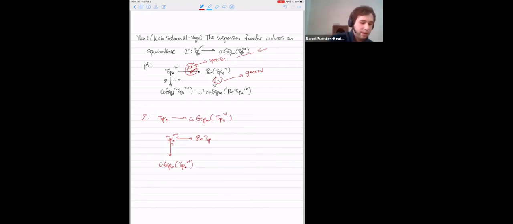Here you get an equivalence to cogroup infinity, P infinity top from that result that I mentioned. But in general, for one connected spaces, I don't know that this would be an equivalence.